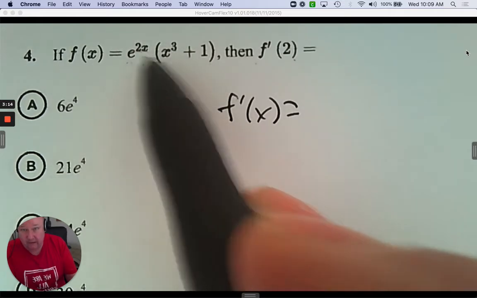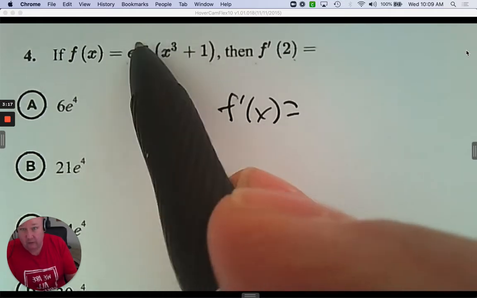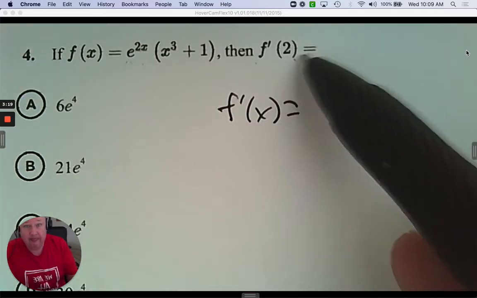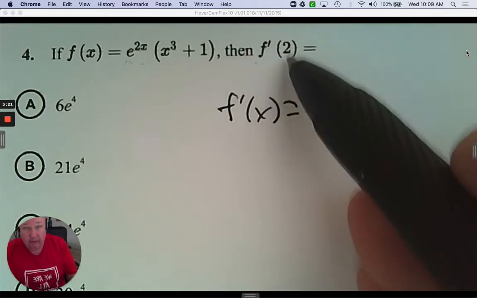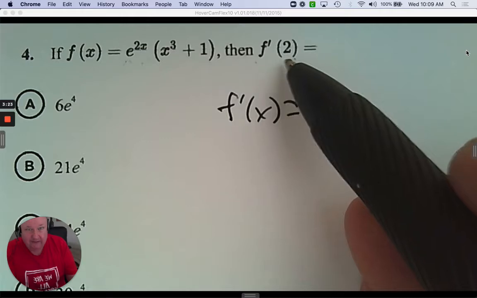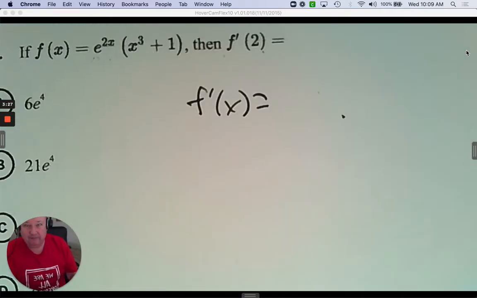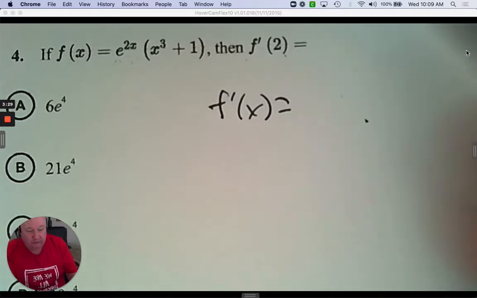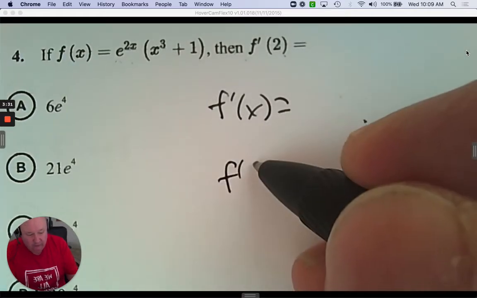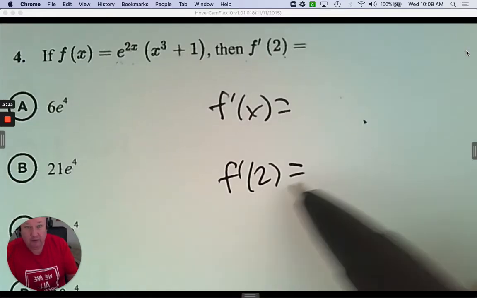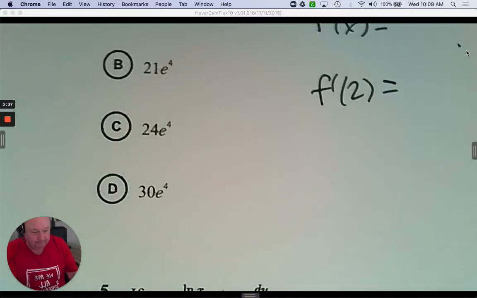And don't forget the chain rule factor of 2 that needs to be a part of it. Once you take the derivative, plug 2 in, and find the answer that matches. Make sure you show your work of the derivative, show that you plug 2 in and simplify it, and then find the answer that matches.